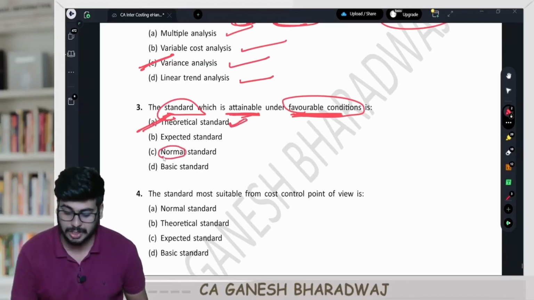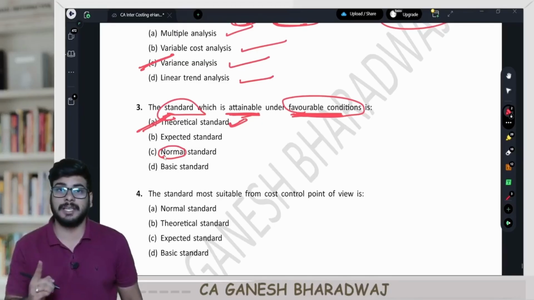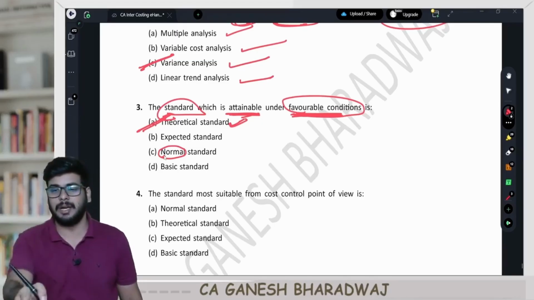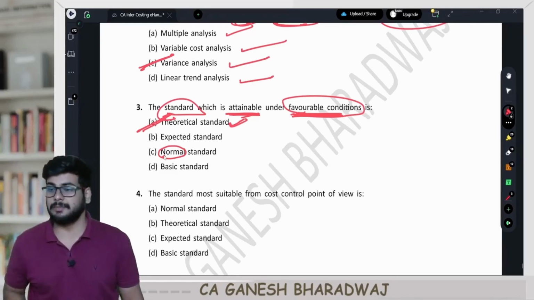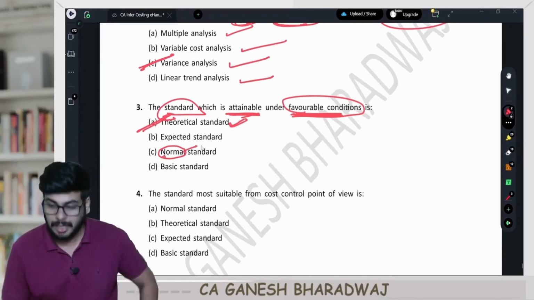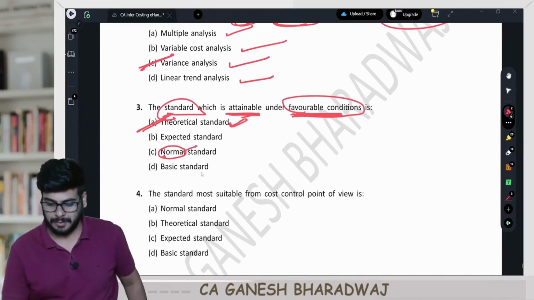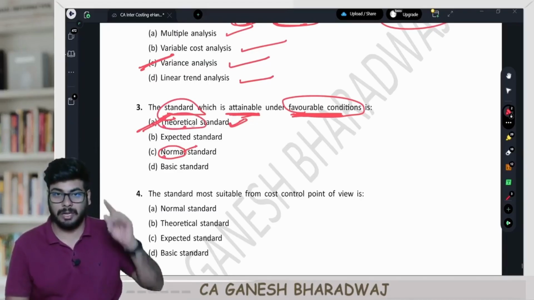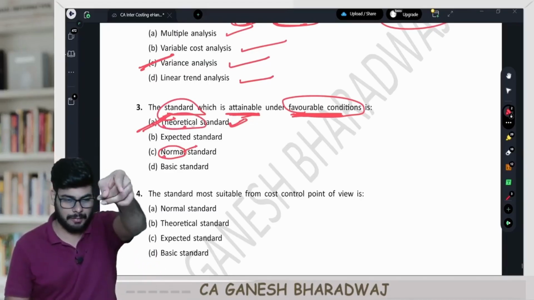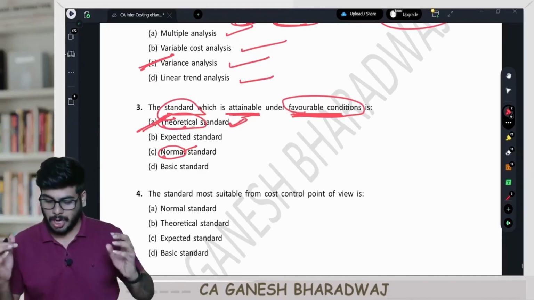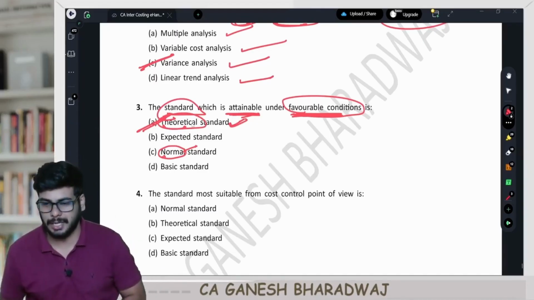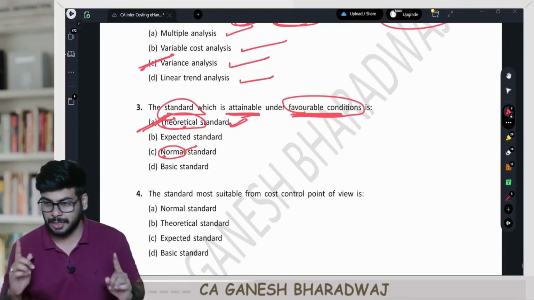I will not call it normal standard because normal standard will be for my budgeted level. Are you clear with this? Normal will be for what? My budgeted level. Theoretical standard means what? For the actual production, theoretically, what is the cost you should have incurred or how many hours you should have spent? Are you clear with this? Guys, are you clear with this? Yes.